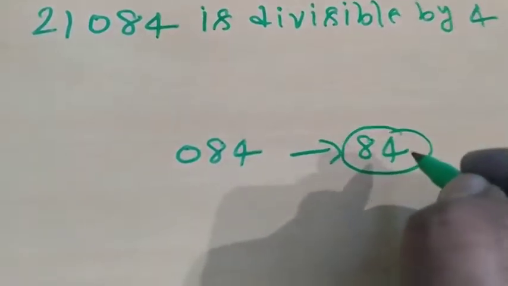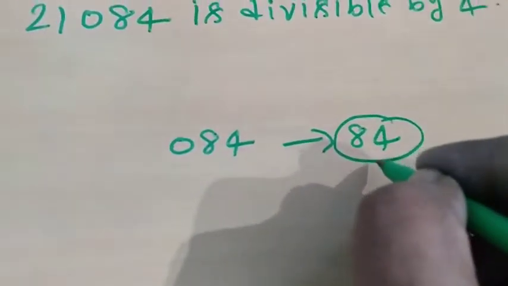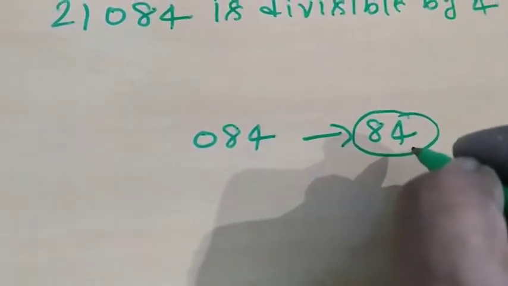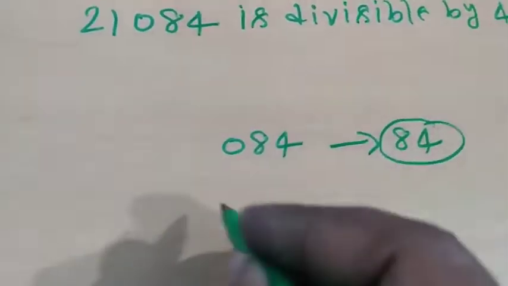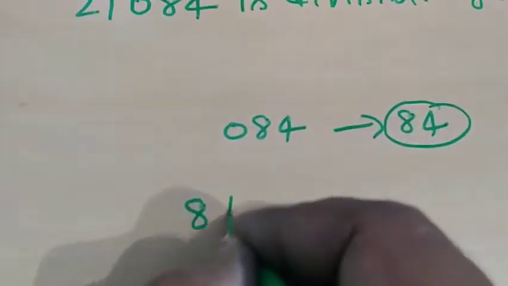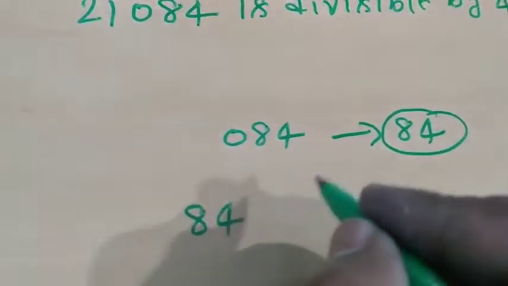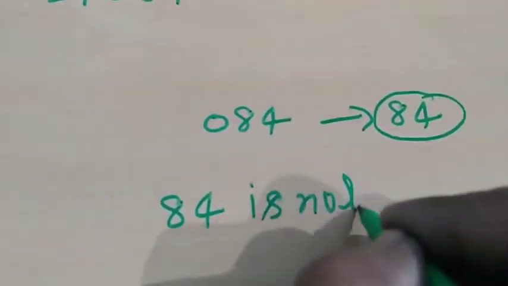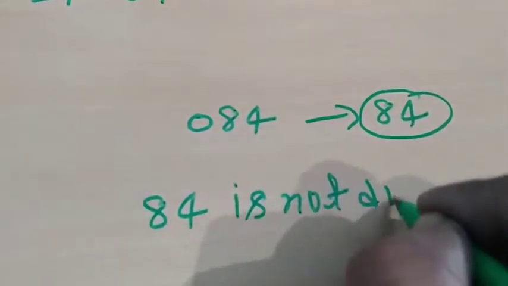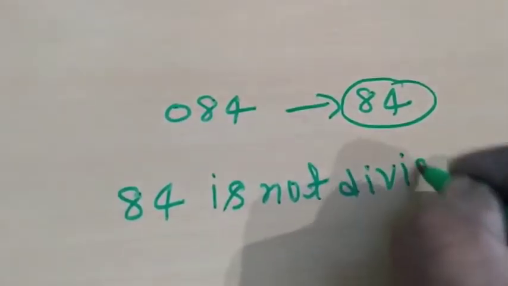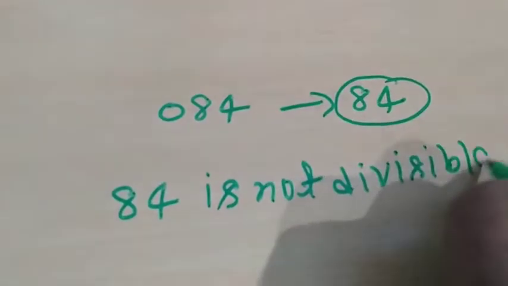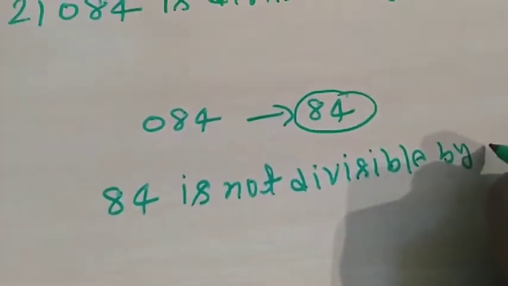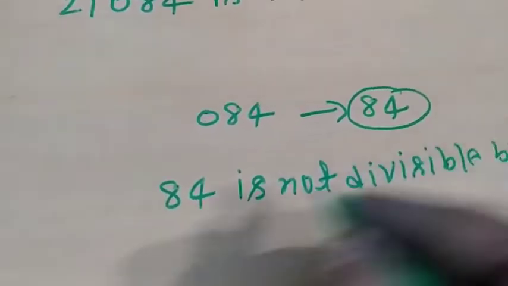If you divide it, we obtain a remainder 4. So 084 means 84 is not divisible by 8.